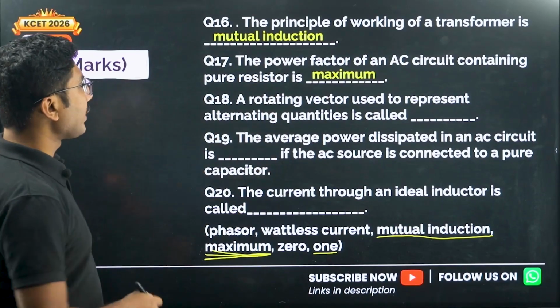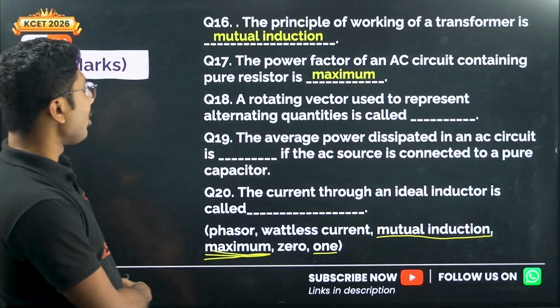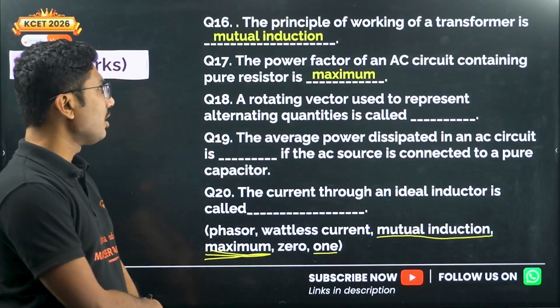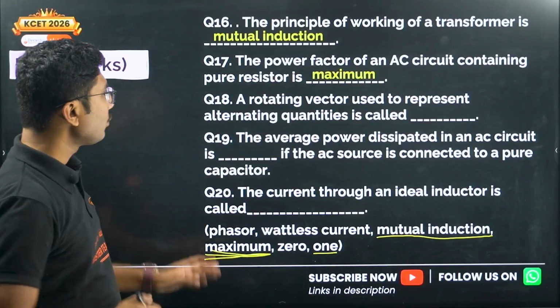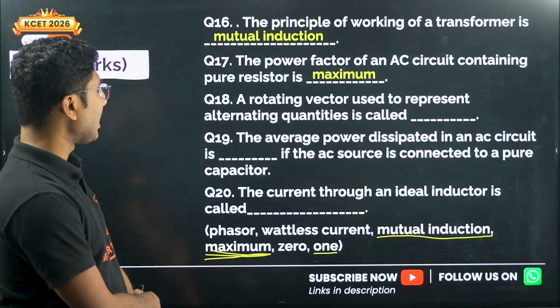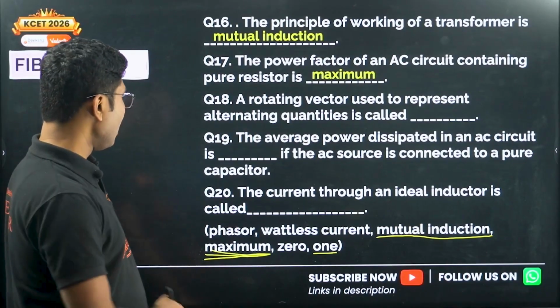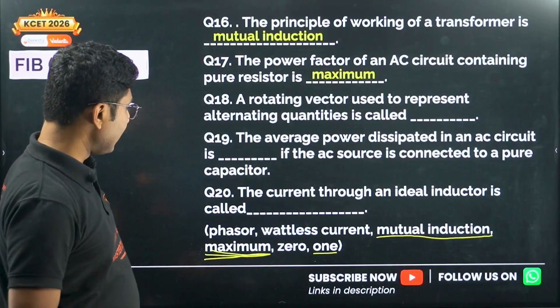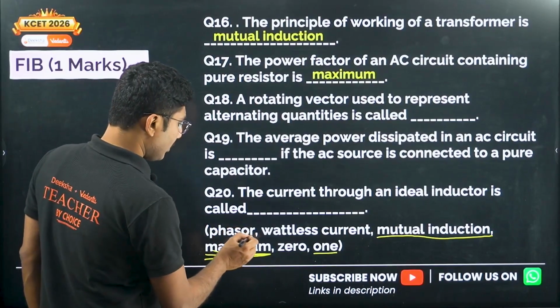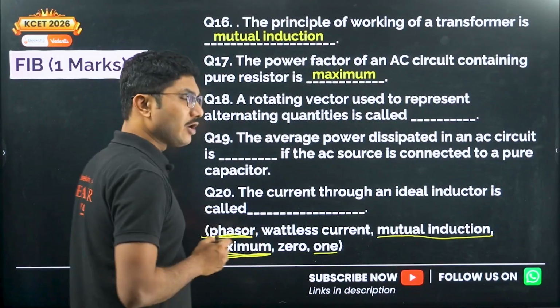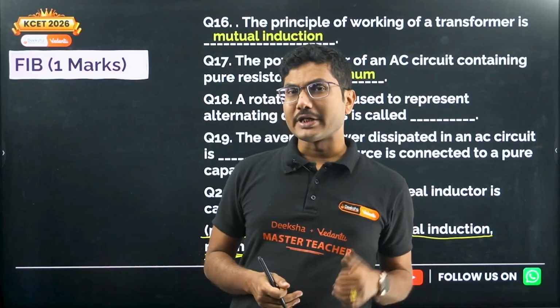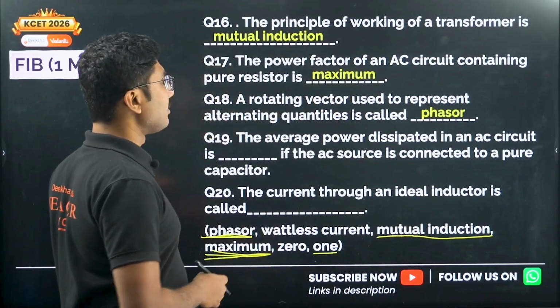Let's see. A rotating vector used to represent alternating quantities is called a phasor. A vector which represents the phase angle between voltage and current is given a term called phasor.